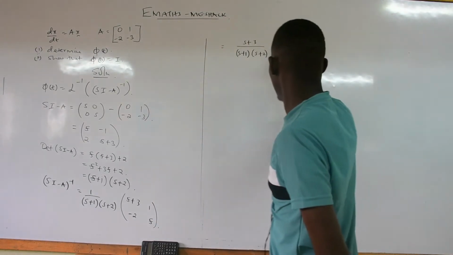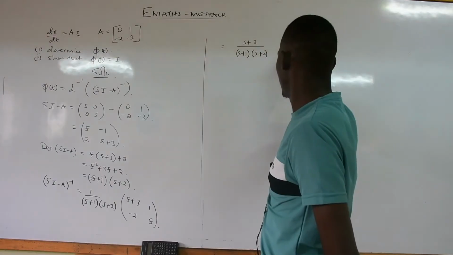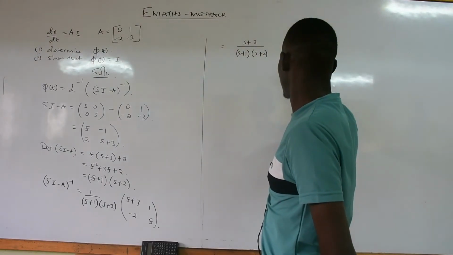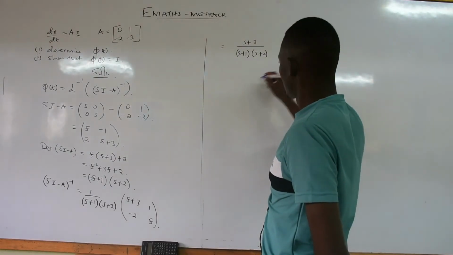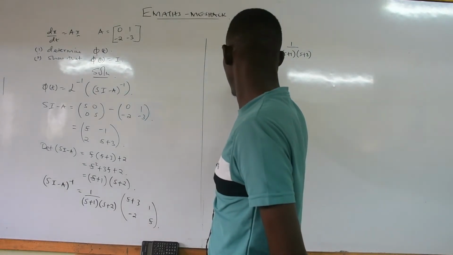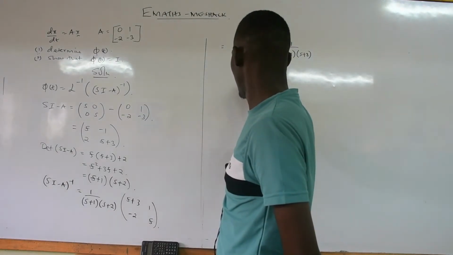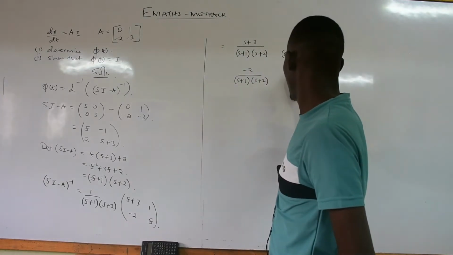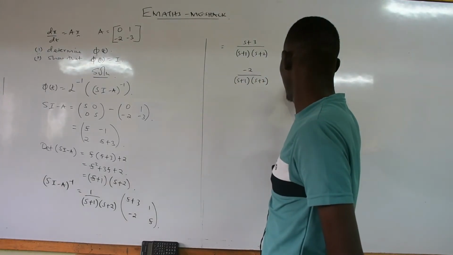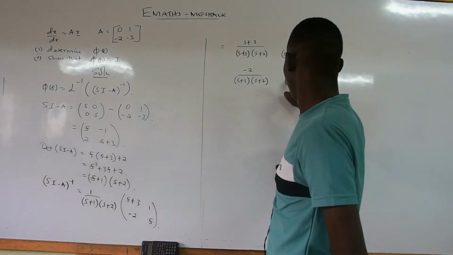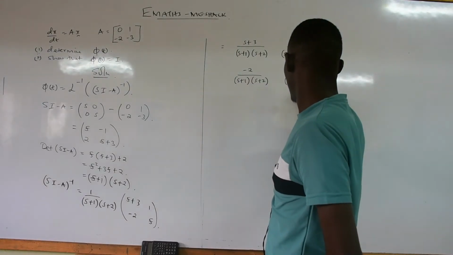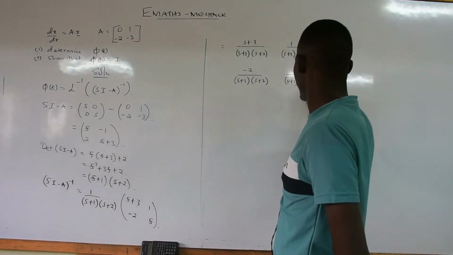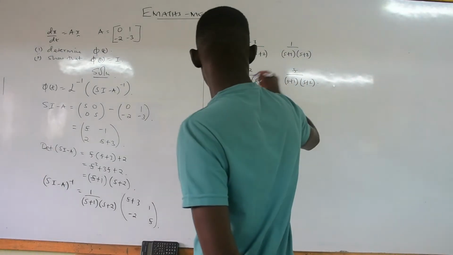Then you have 1 over (s plus 1)(s plus 2). Then you have negative 2 over (s plus 1)(s plus 2). Then you have s over (s plus 1)(s plus 2). So we have that.